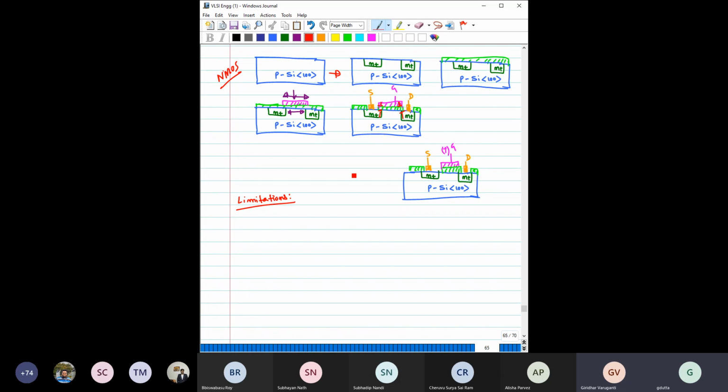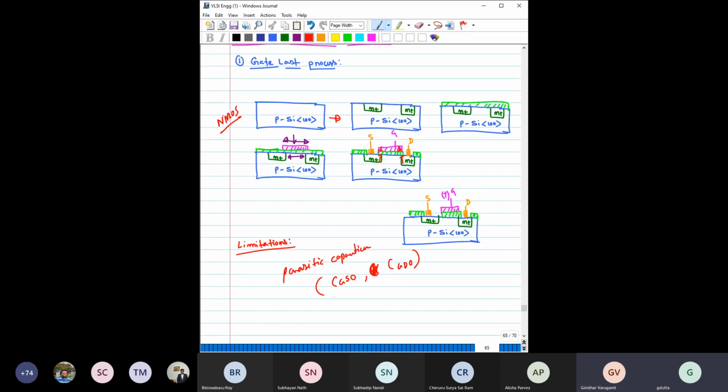These are the parasitic capacitances, gate to source overlap capacitance and gate to drain overlap capacitance. These capacitances will be quite extensive for this type of design, or gate-last design. So that was the issue in the initial fabrication of this MOSFET.